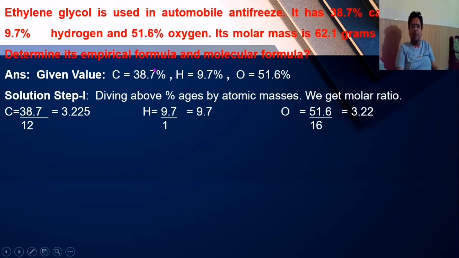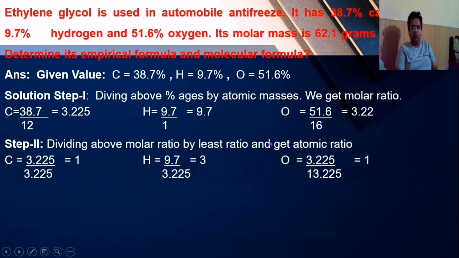How are moles calculated? Divide the percentage of carbon by 12, its atomic mass. These are the moles of carbon. Divide the percentage of hydrogen by 1, its atomic mass. These are the moles of hydrogen. Divide the percentage of oxygen by 16. These are the moles of oxygen.